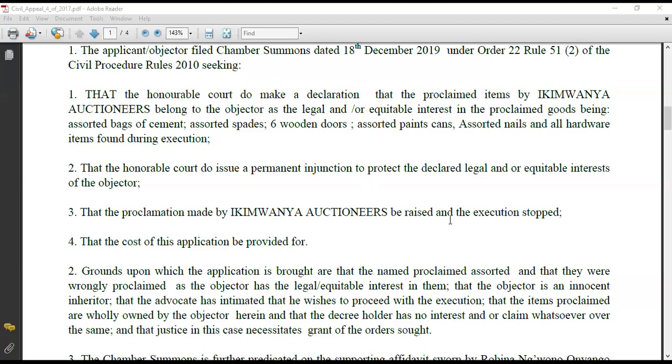So what is the procedure? For the procedure, you discuss paragraph 11 of the Advocates Remuneration Order.